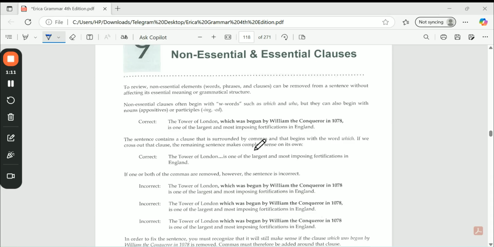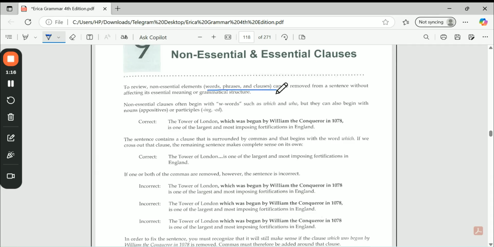So, to review, non-essential elements, words, phrases, and clauses can be removed from a sentence without affecting its essential meaning or grammatical structure. Non-essential clauses often begin with W words such as which, who, but they can also begin with nouns and participles.